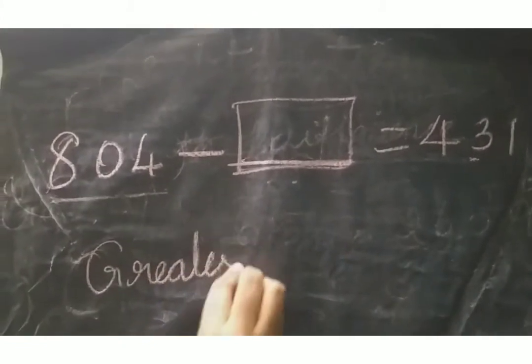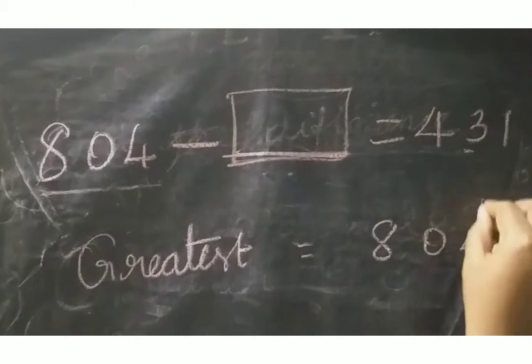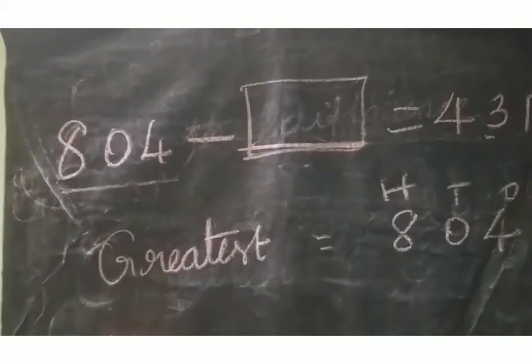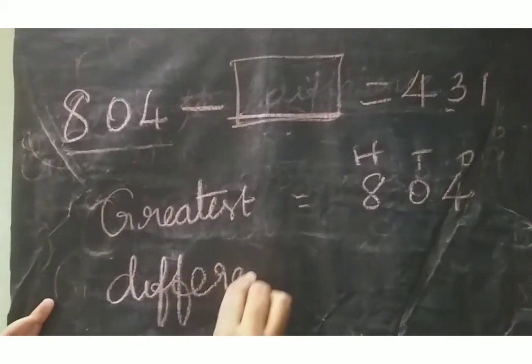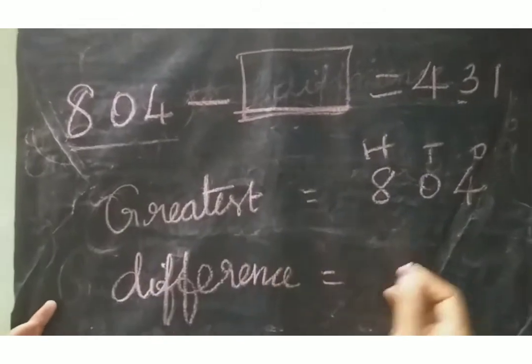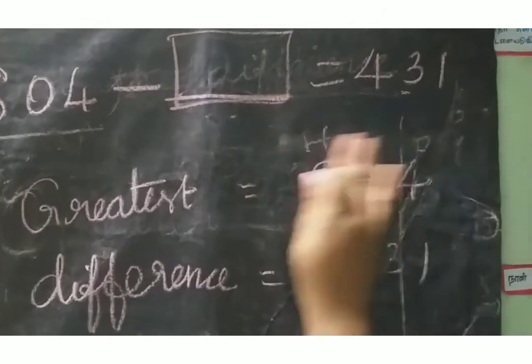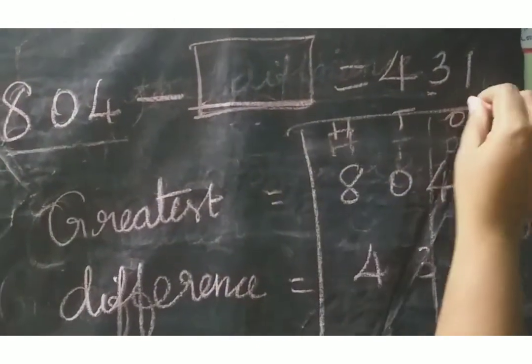Which is the greatest number? 804. Ones, tens, hundreds. And next one, here difference equal to 431. In the first, when you start, you have to draw the drawing form.